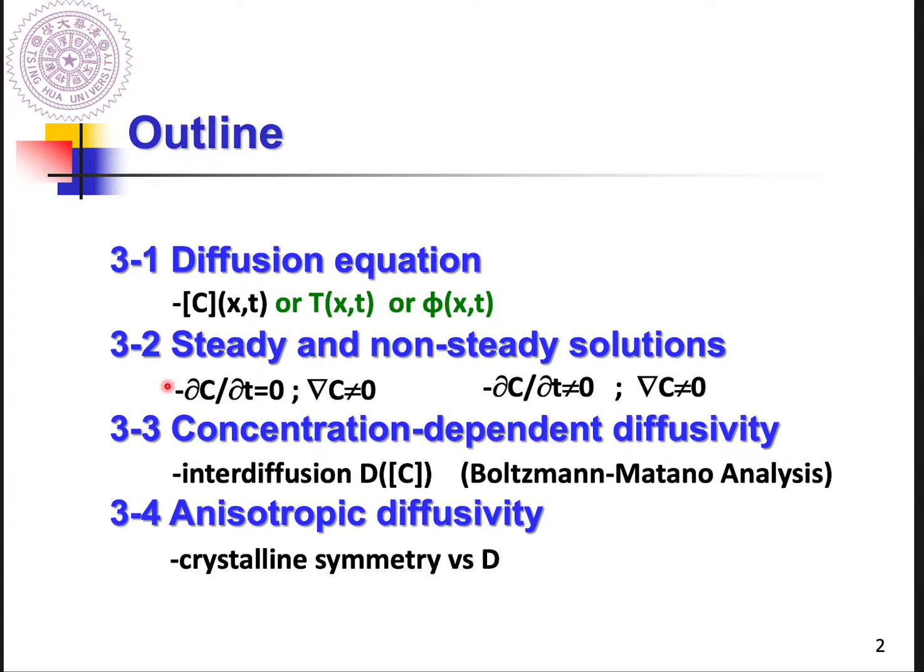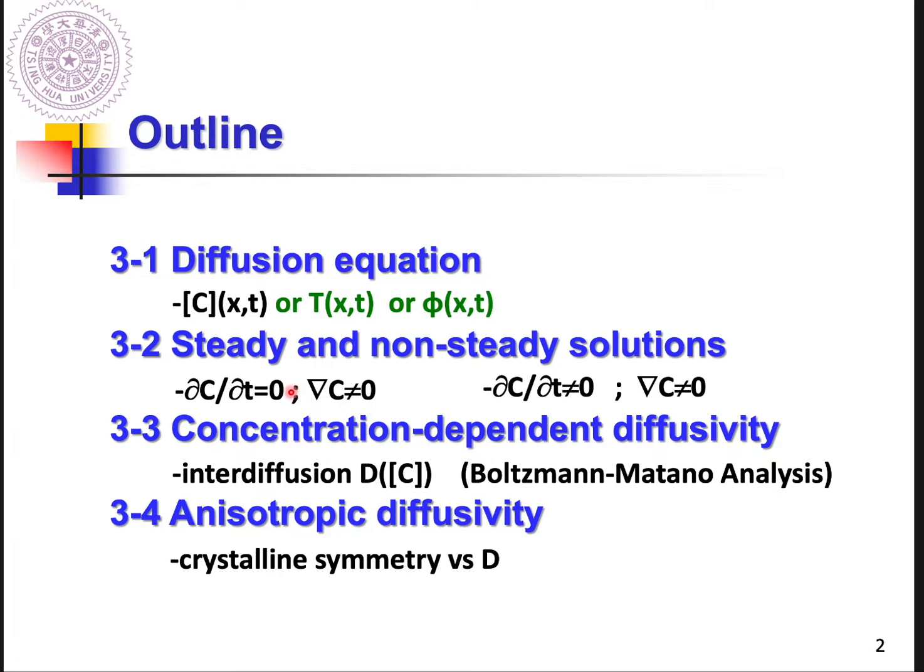And in the second section, as long as you have a diffusion equation, in order to solve and get the solutions for your interesting system, you first need to determine what kind of boundary condition you have in your material system. Does it belong to steady state or non-steady state?